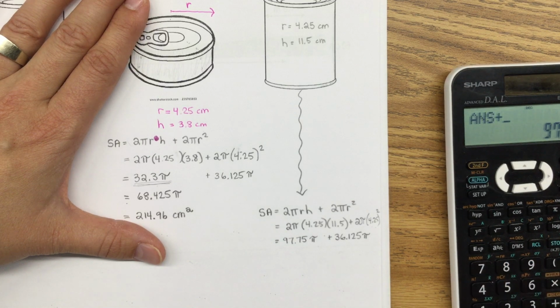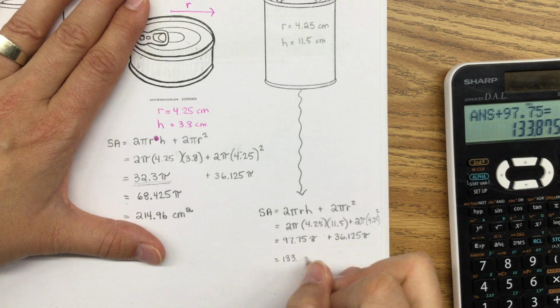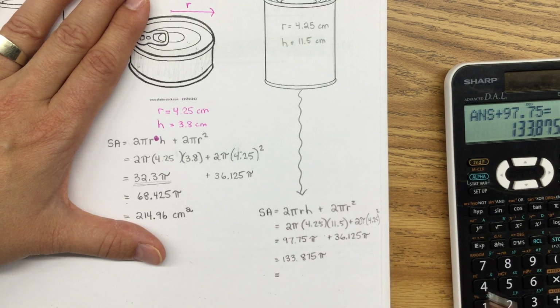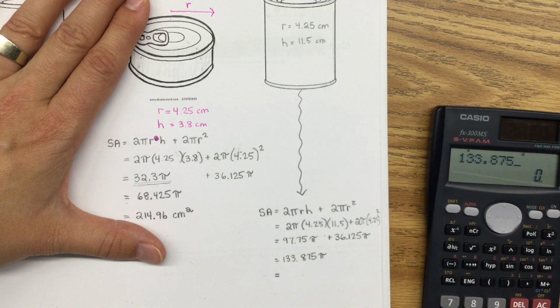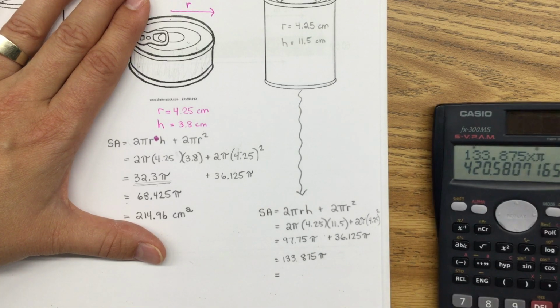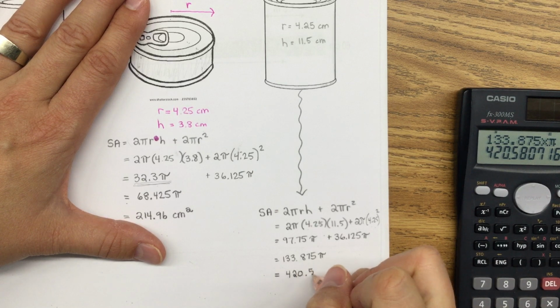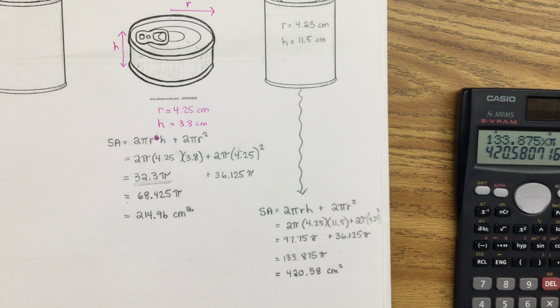Add that together. And then multiply that by pi. That gives .58 centimeters squared. Okay.